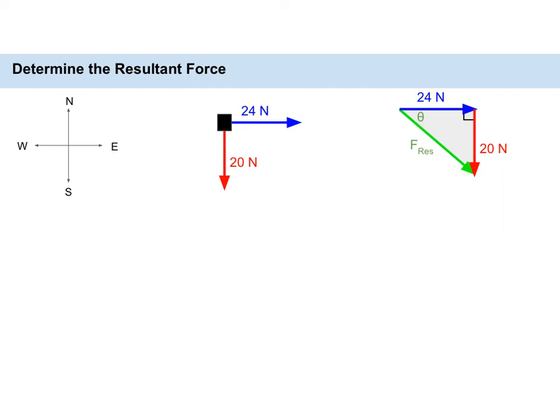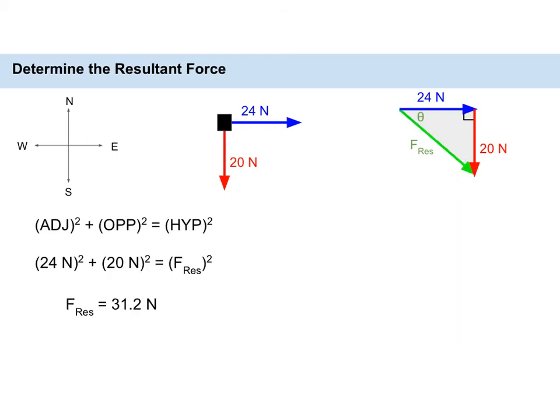Notice again, to draw this green arrow, I went back to the beginning and then went to the end. Okay, so it's not a complete loop of arrows. This green or purple arrow represents what you could replace everything else with, and the overall force would still be the same. So let's remember, how do we find the magnitude of that resultant force?